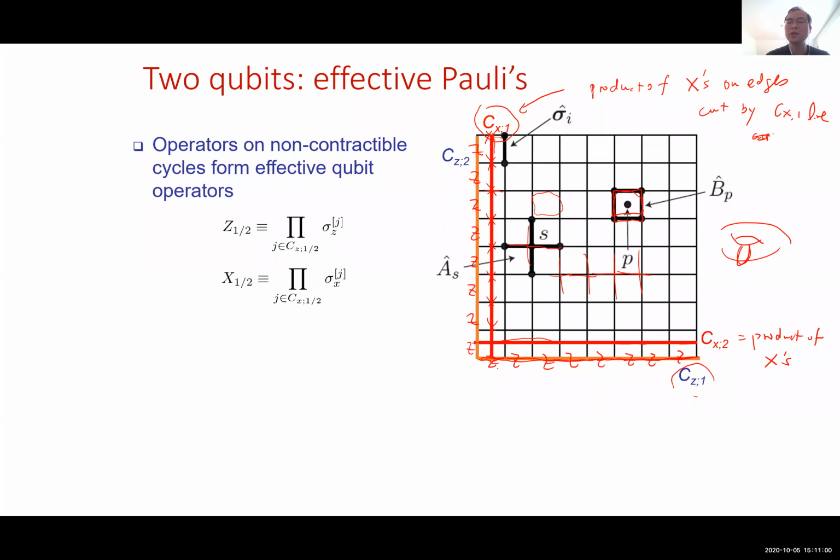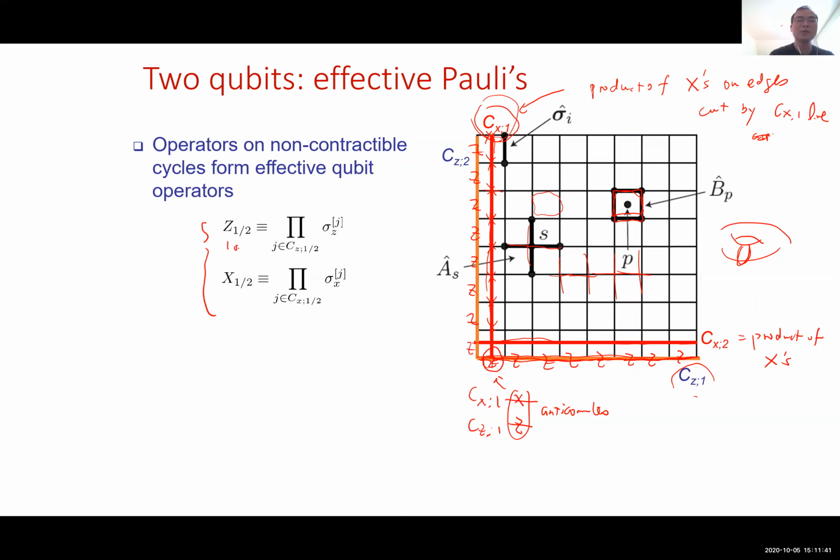The logical X and logical Z need to anti-commute. So logical X for qubit 1 is this line, logical Z is that, and they intersect at this location. For CX1 it has an X on that, for CZ1 it has a Z on that, and they anti-commute. And similarly for CX2 and CZ2. So that explains the notation here.